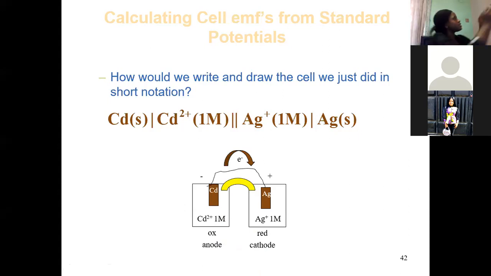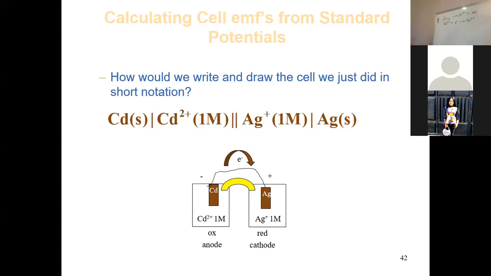I want you to write the cell notation for zinc solid going to zinc 2+ plus 2 electrons, and then Fe3+ plus electron to Fe2+. It's a reversible reaction actually, but I can just let it be like that.